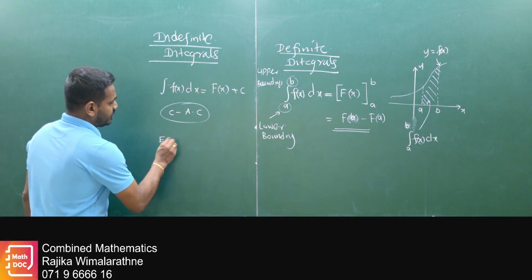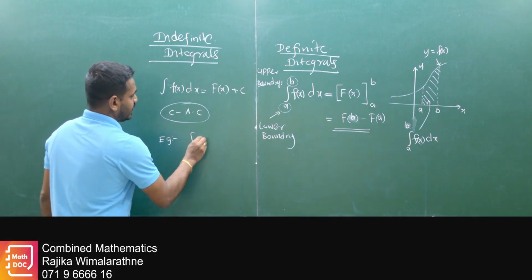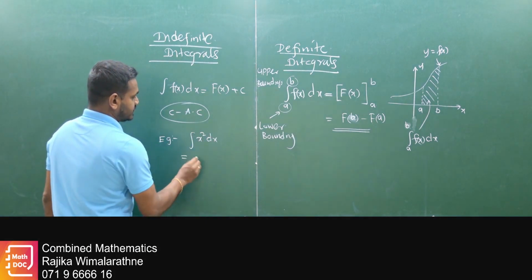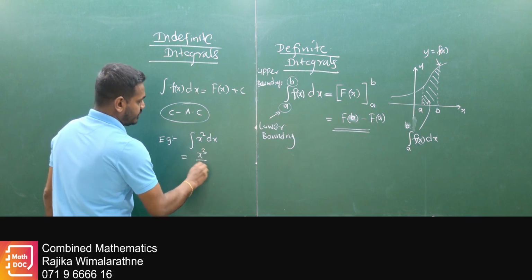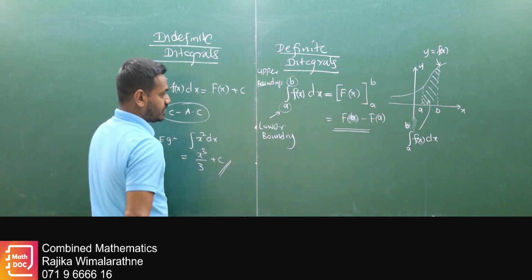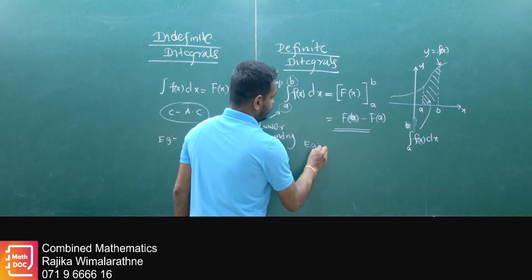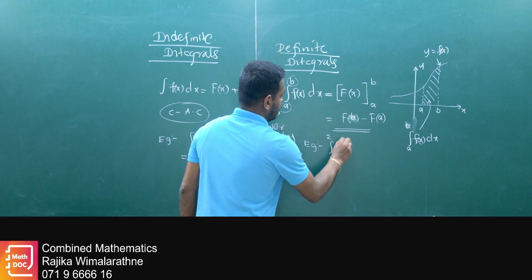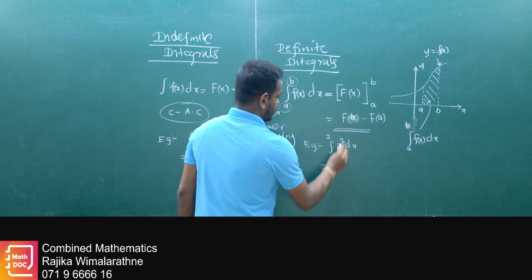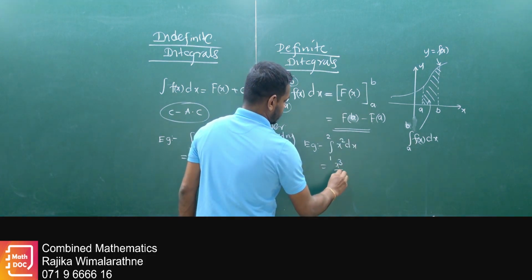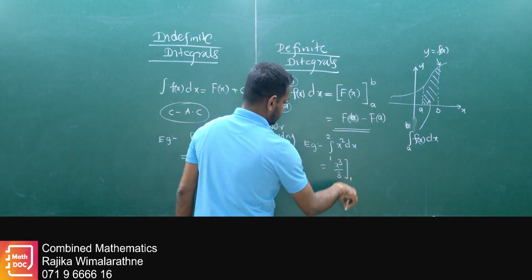Then as an example, integral of x square dx. It is very simple: x cube over 3 plus c. Then for this case, example, here 1 to 2 x square dx. Here the x square integral means x cube over 3, don't use arbitrary constant, lower limit 1, upper limit 2.